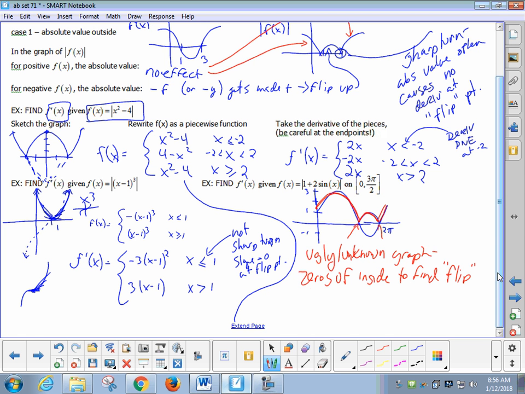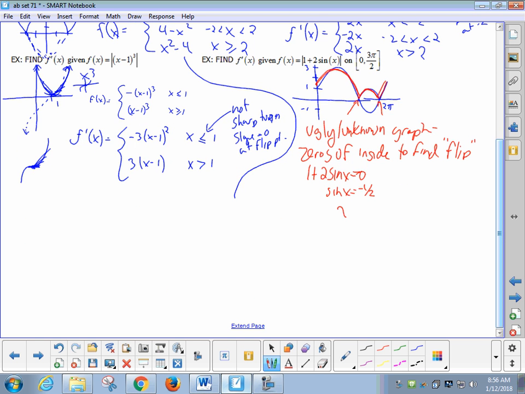So I need to set 1 plus 2 sine of x equal to 0. Sine of x equals negative 1/2 at, please tell me your trig skills are there. Sine is negative 1/2, the negative 1 to 2, opposite to hypotenuse. What are those angles? 7 pi over 6, thank you very much, and 11 pi over 6.